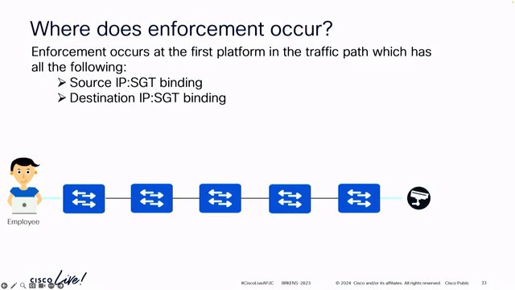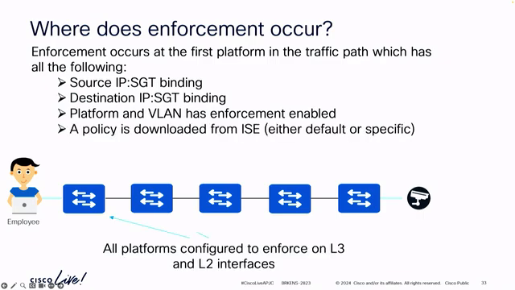That it should also know. Third, platform and VLAN must have enforcement enabled. You may have multiple VLANs, and then you must declare that these VLANs need enforcement. And also you need to enable it globally, which I think is redundant, but it is a critical piece of configuration. And last but not least, a policy must be downloaded from ISE.